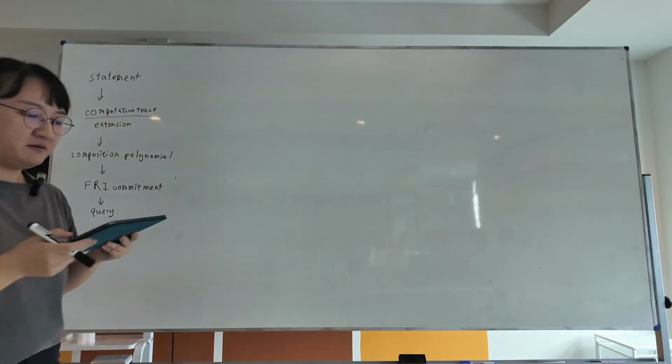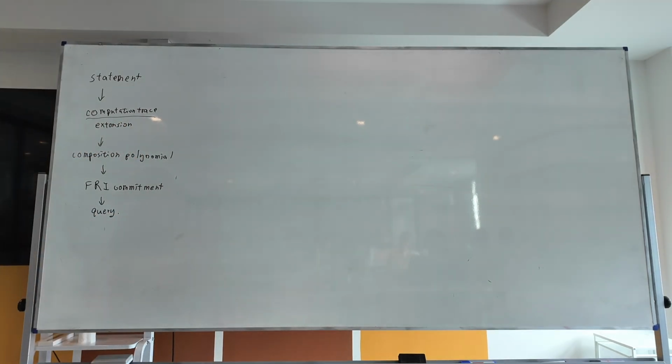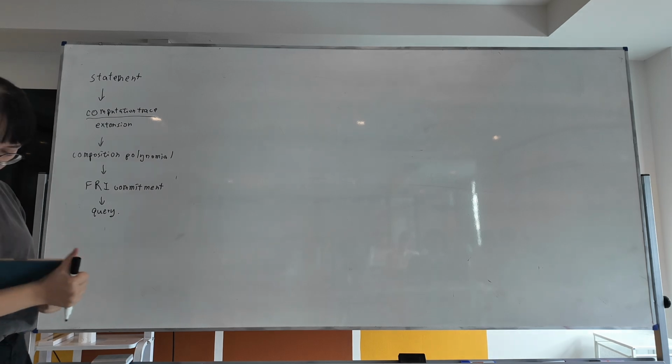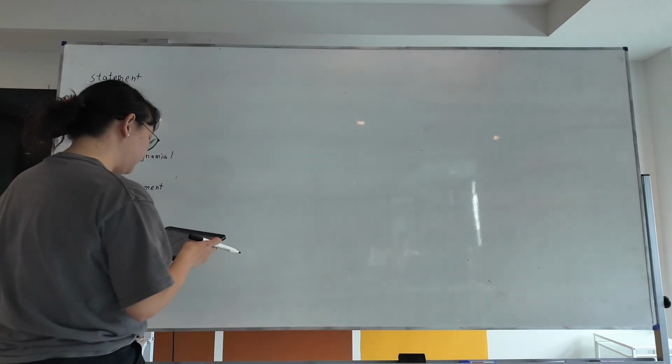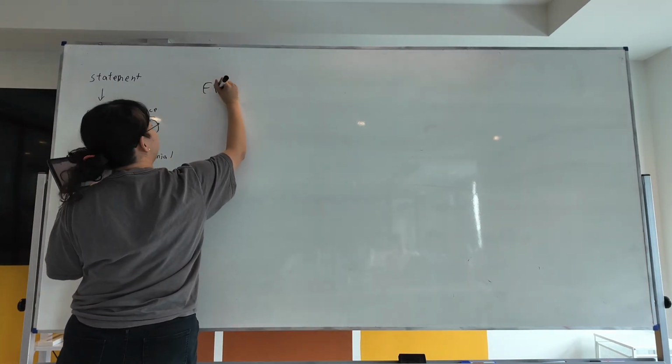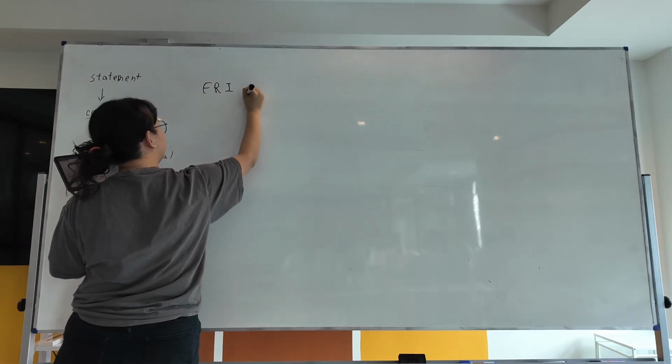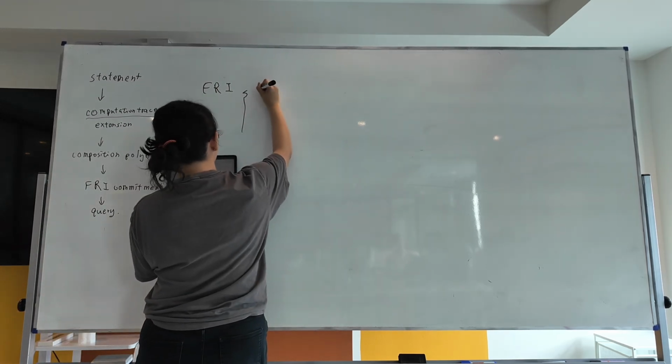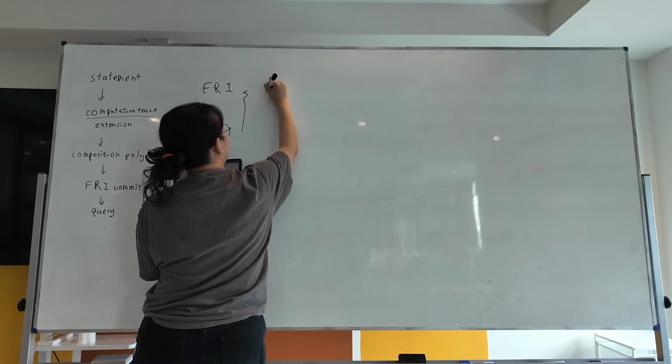So in the FRI part, the intuition is that instead of proving the composition polynomial is a polynomial, we prove that it is close to a polynomial of low degree. In the FRI algorithm, there are 3 steps, 4 actually. First, it will receive a random beta.